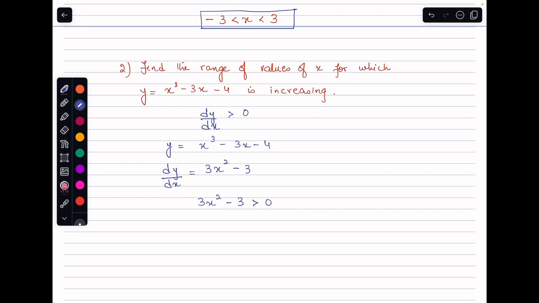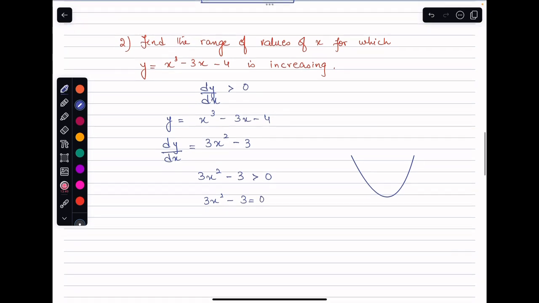If this is greater than 0, I know that it is a quadratic curve, and the coefficient of x squared is positive. Therefore, it's a curve with a minimum turning point. Solving it, 3x squared minus 3, I need the x values here.